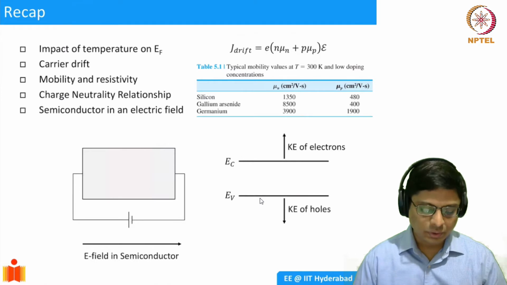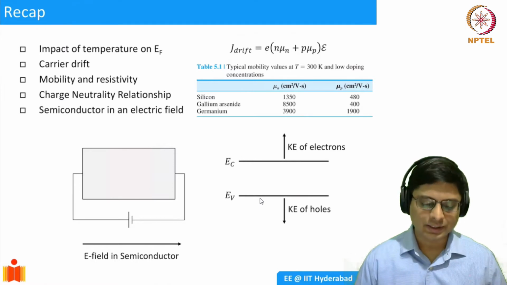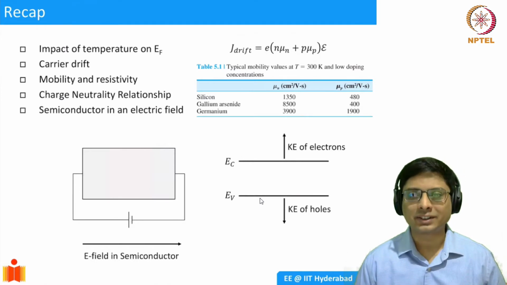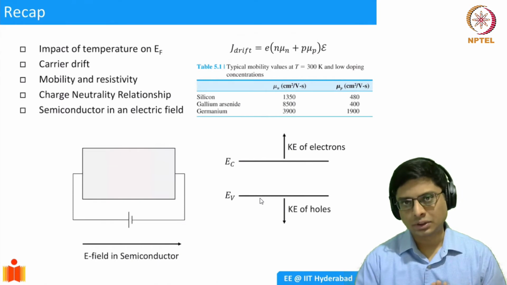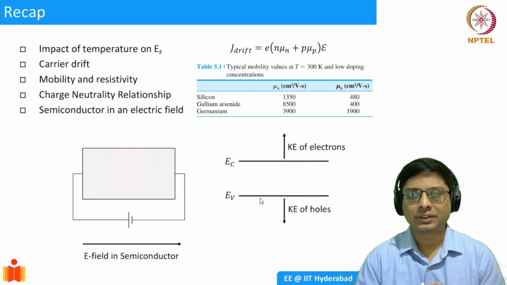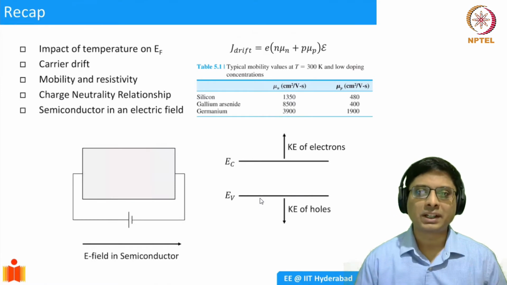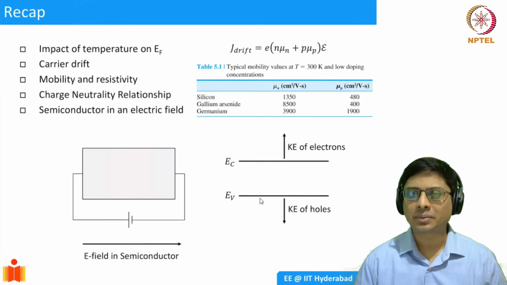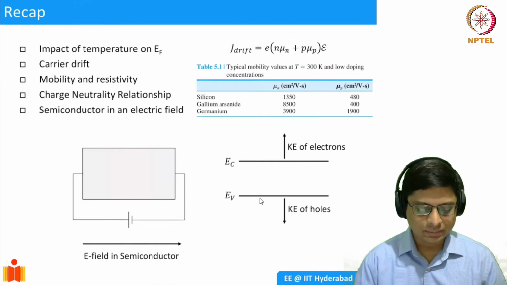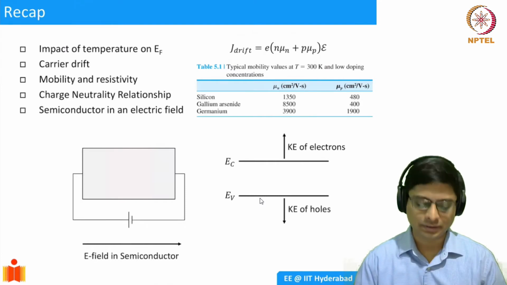And then we went on to talk a little bit about mobility and resistivity, which are important parameters in a semiconductor. And we showed how, by introducing dopants, we are able to reduce the resistivity. Okay? So for N-type and P-type carriers, we have shown how this happens. And then we asked you to estimate how the resistivity can be calculated.